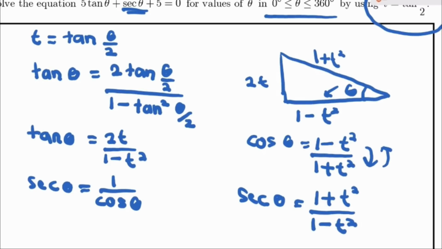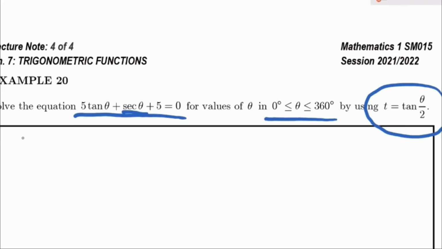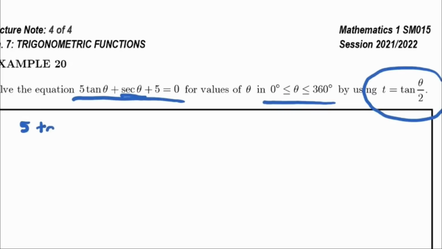Okay, after we know the tangent theta and secant theta in terms of t, we substitute into the equation. We are given the equation 5 tangent theta plus secant theta plus 5 equal to 0.